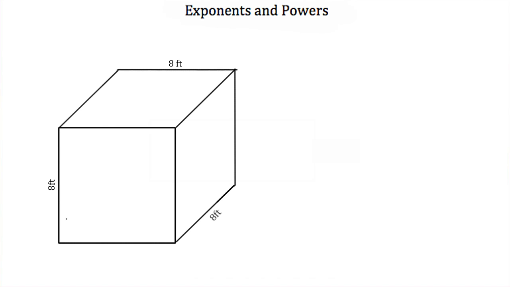Say I had a box that was a cube, and I wanted to know the volume of my box. Well, I could take the 8 feet and multiply it by 8 feet again, and then by 8 feet again for length, height, and depth.